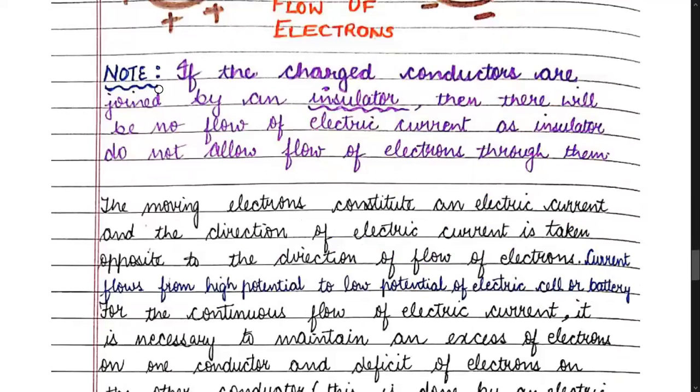Again children, the note is if the charged conductors are joined by an insulator, then there will be no flow of electric current as insulators do not allow flow of electrons through them.